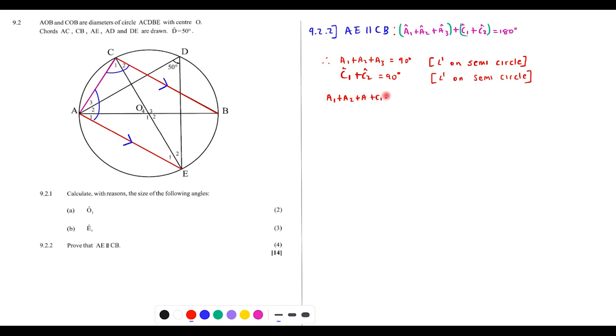The whole part is 90, plus this whole part, which is 90. Now 90 plus 90 is equal to 180.